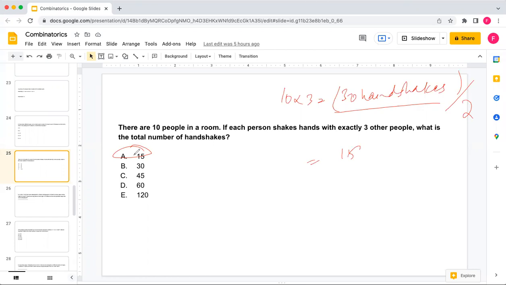You need to divide by 2 so that you can cater for the repetition. If person A is shaking hands with B, that's the same as B shaking hands with A. But this is considering both cases. That's why I need to divide the whole count by 2 to get the required answer.